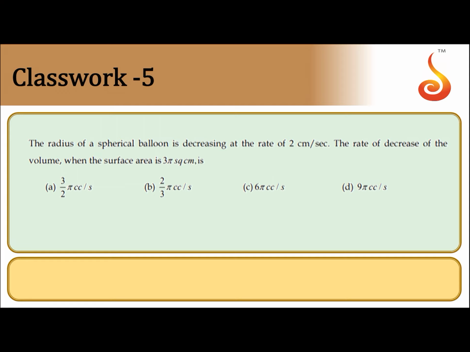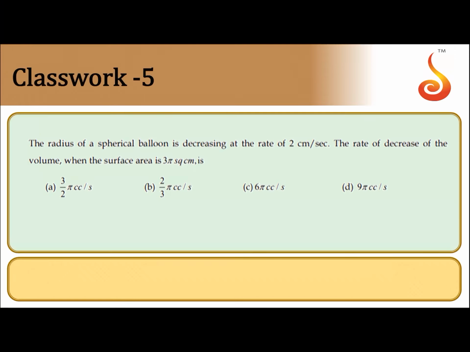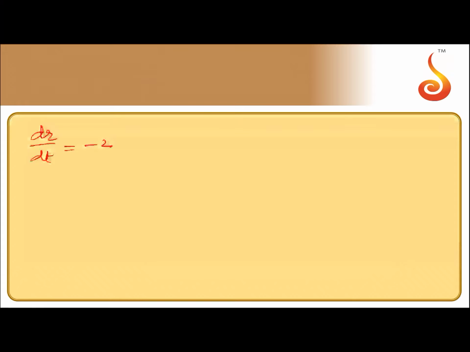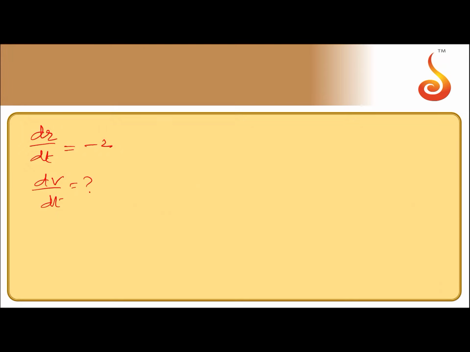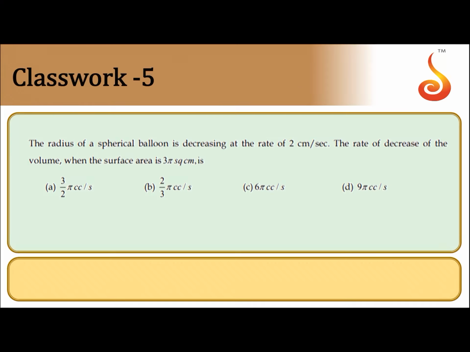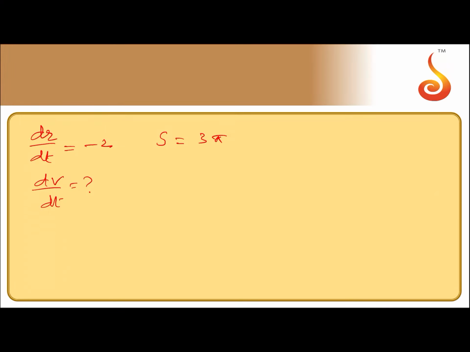Radius decreasing means dr/dt = -2, because it is decreasing. You need to calculate the rate of decrease of the volume, dV/dt, when the surface area is equal to 3π.